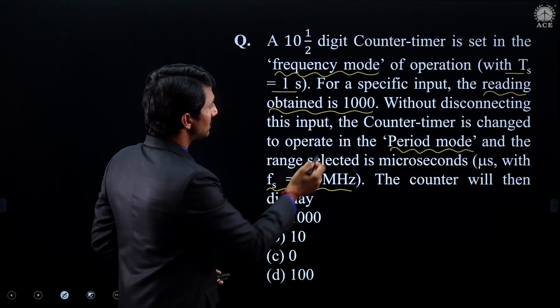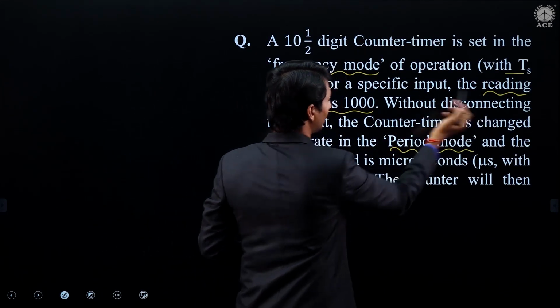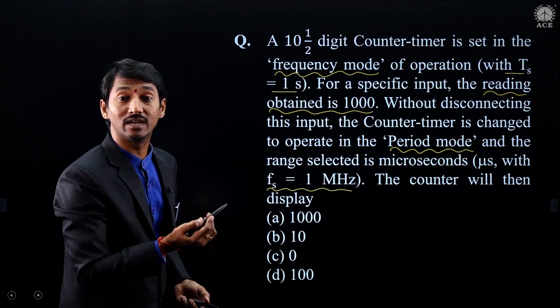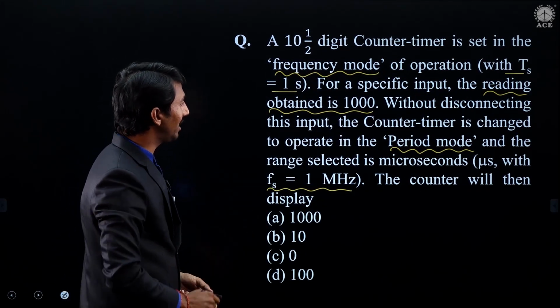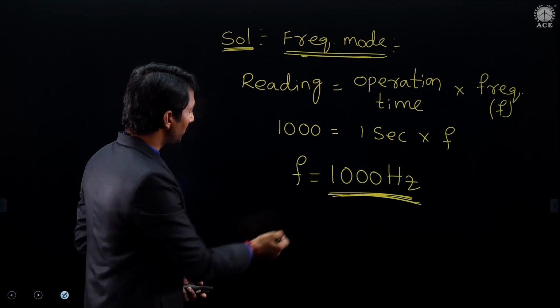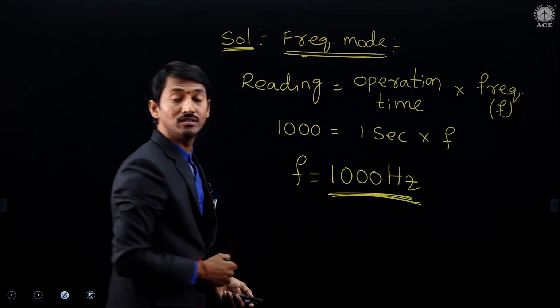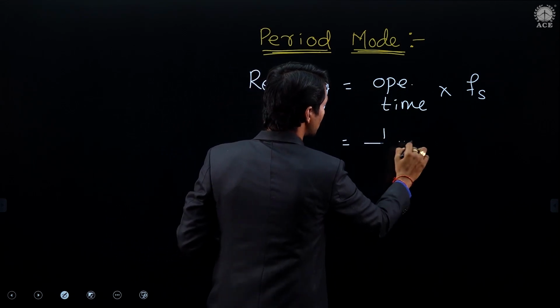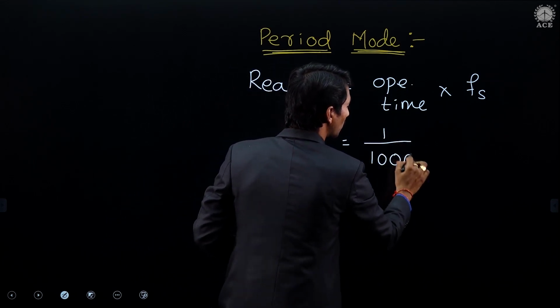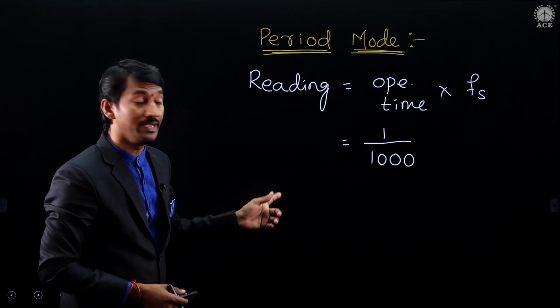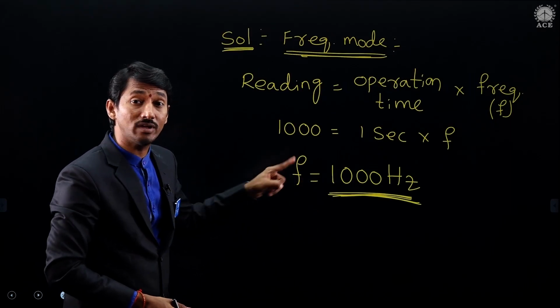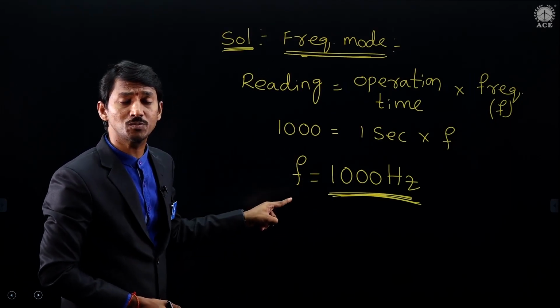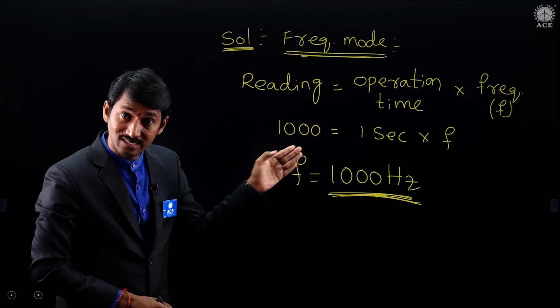Here the same input, without disconnecting the input. What value was given? 1000 hertz. So the operation time we can write as 1 by 1000. Why 1 by 1000? F is 1000 here, so to get the time, correspondingly 1 by 1000 in the second operation.